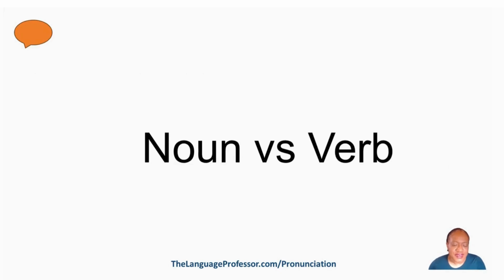Now we do have in English a set of words that are both nouns and verbs, depending on how we stress it. So they are a noun if we stress the first syllable, but they turn into a verb if we stress the second syllable. Let me illustrate.